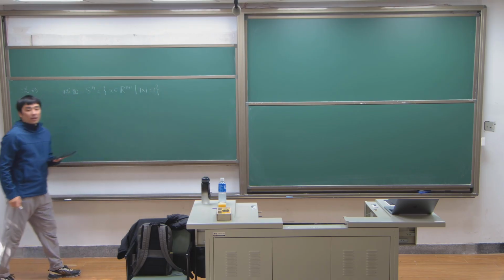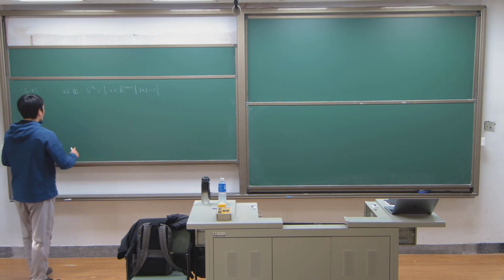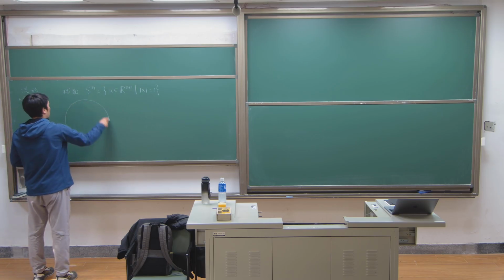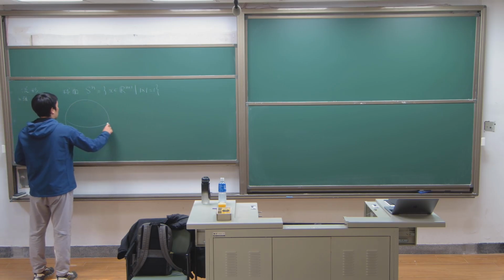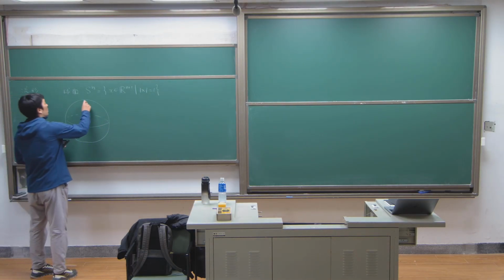Like this, define it. And then this is the set, and then you have the open sets. We define U plus, Sn minus the south pole, and U minus, Sn minus the north pole.